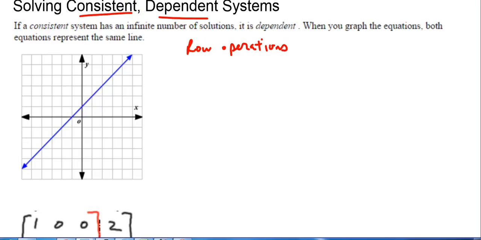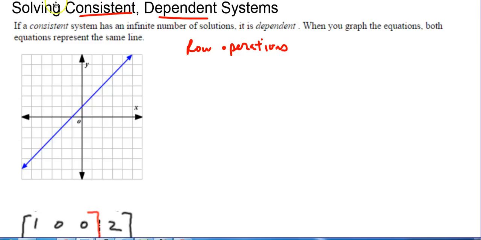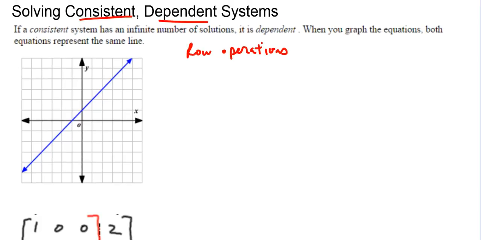So we want to look at solving consistent dependent systems here. And this falls under the larger realm of row operations on matrices.